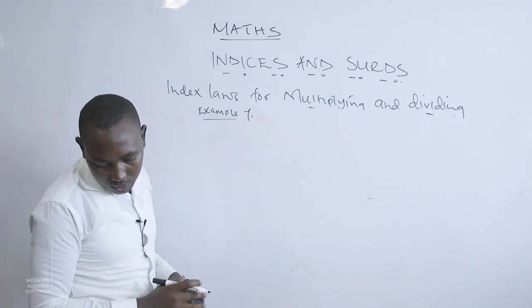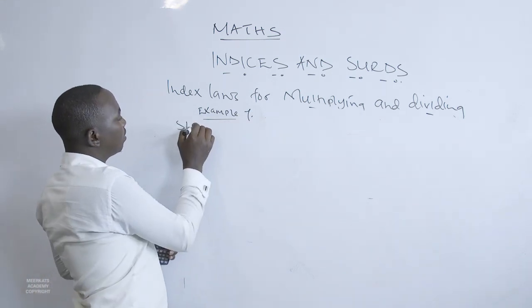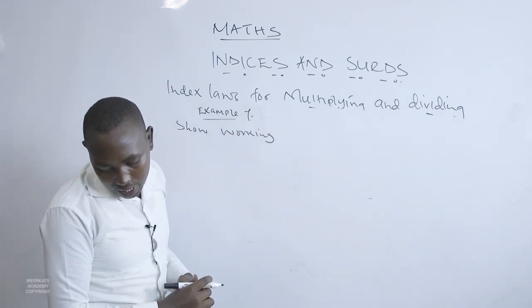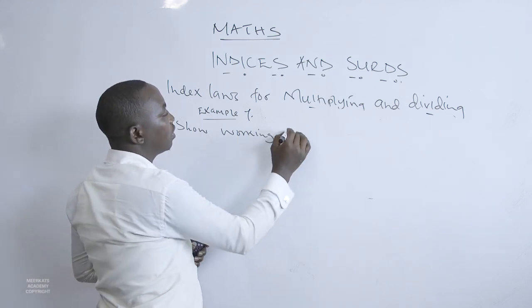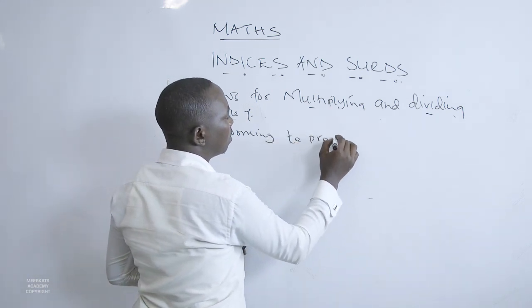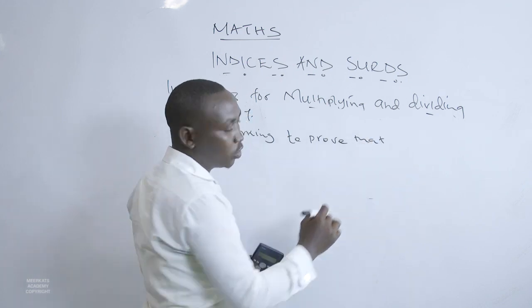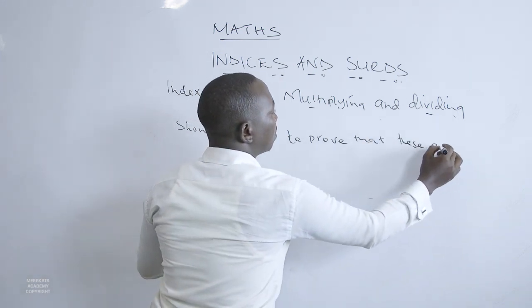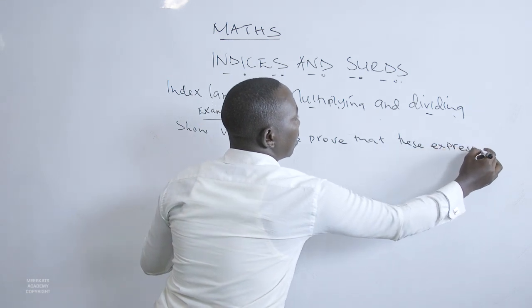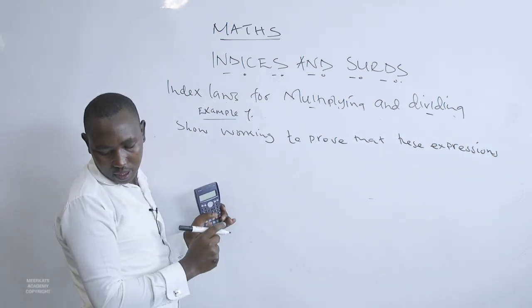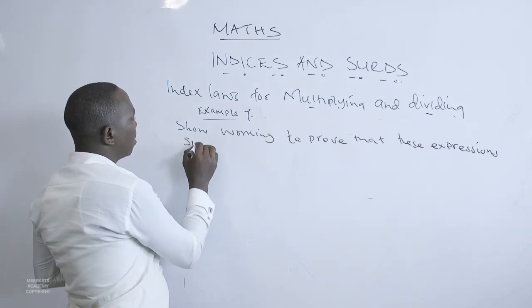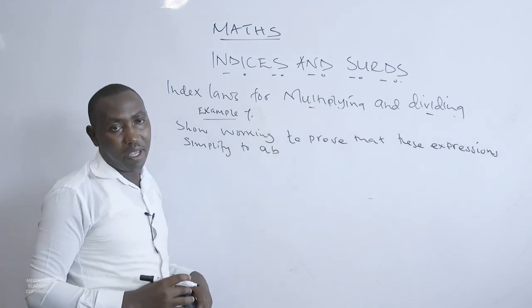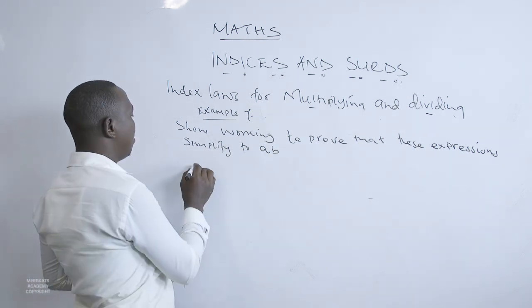Example 7. Show your working to prove that these two expressions simplify to AB, or the resultant is going to be AB.